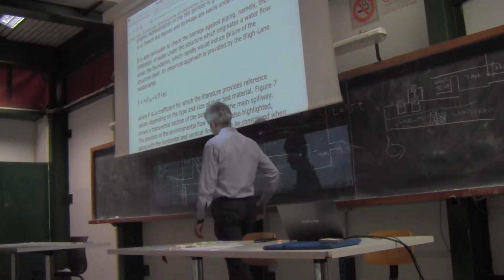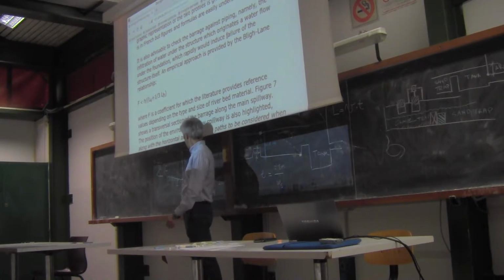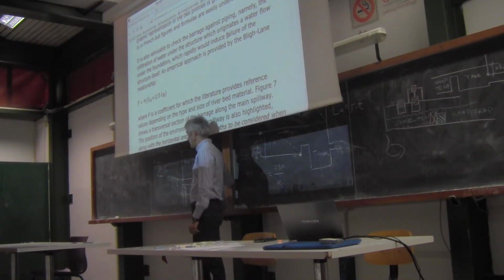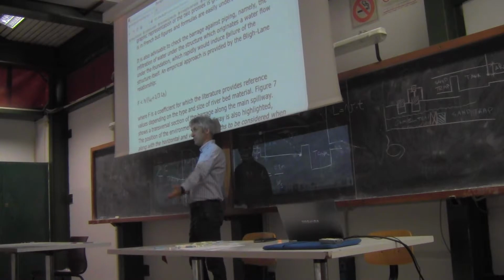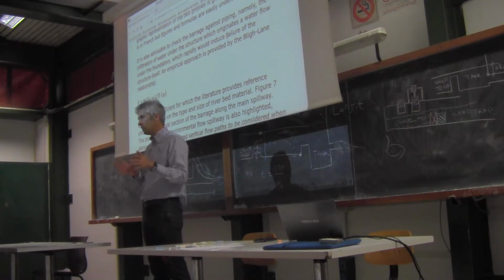Finally, one last thing. Why do we shape the downstream part of the main spillway in this way? Because we want to accompany the river flow downstream. We don't want the river flow jumping out. If the structure is really small, we can allow for the flow jumping downstream.